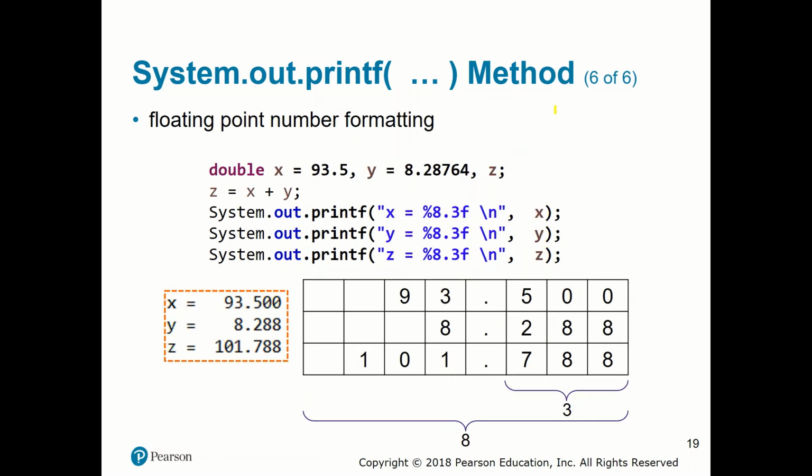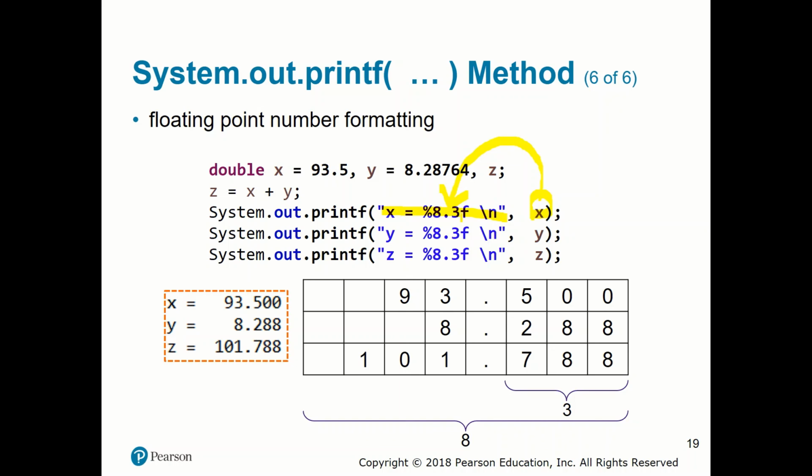System.out.printf is especially useful when printing floating point numbers. There are 3 double data here, x, y, and z. Printf means printing out the string inside the double quotes, so print this string and put this value here in the percent part.